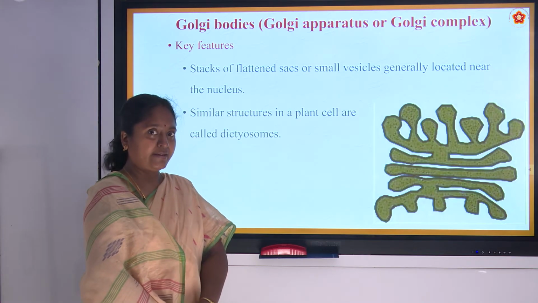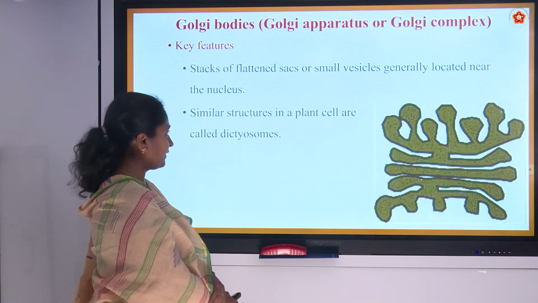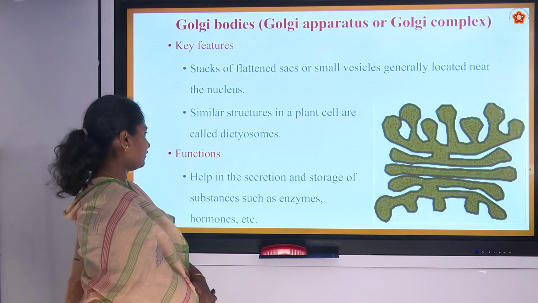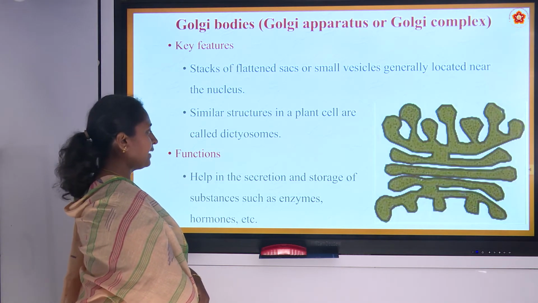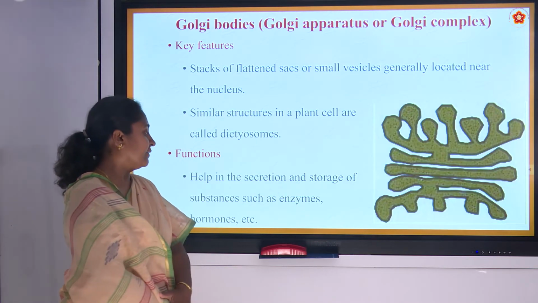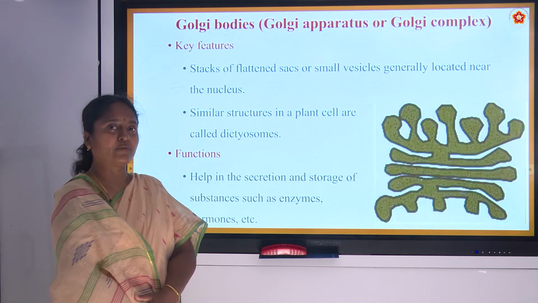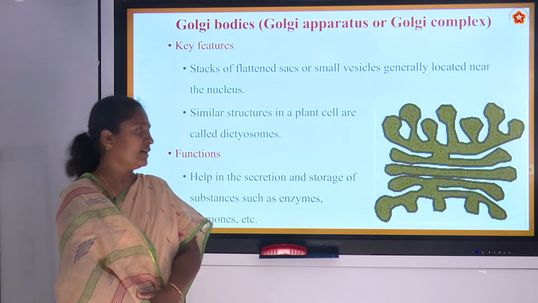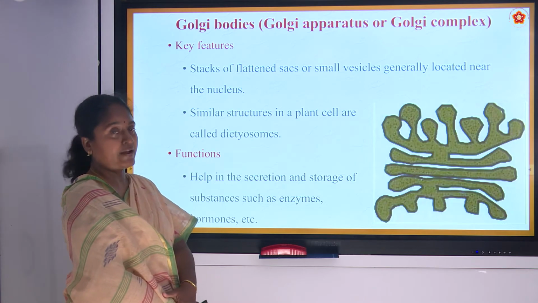So the proteins or the fat, whatever is synthesized, has to go out of the cell, right. That is its major function. We will see the function. It helps in secretion and storage of substances such as enzymes and hormones. Enzymes are nothing but proteins, and hormones are mostly fat molecules.